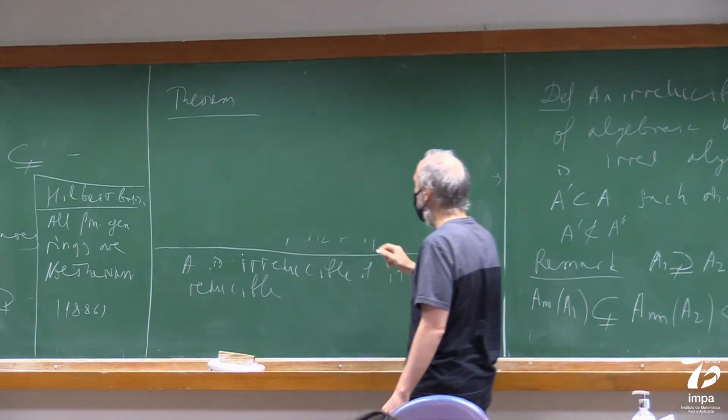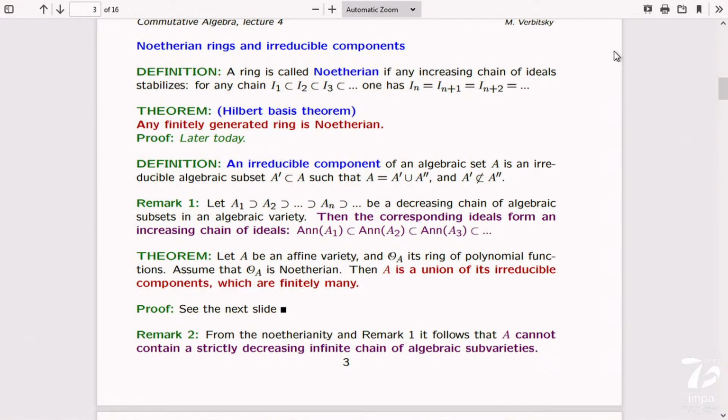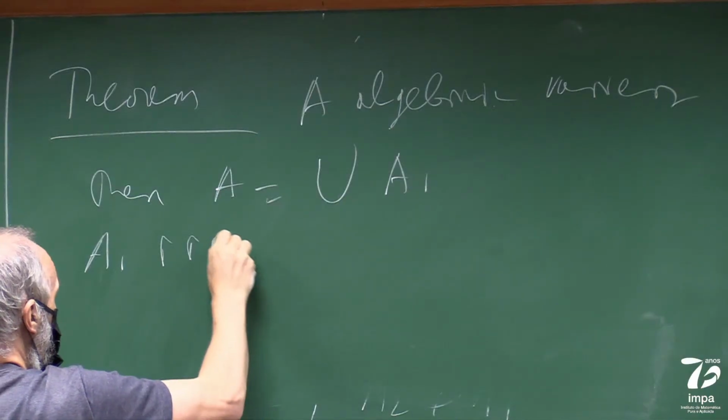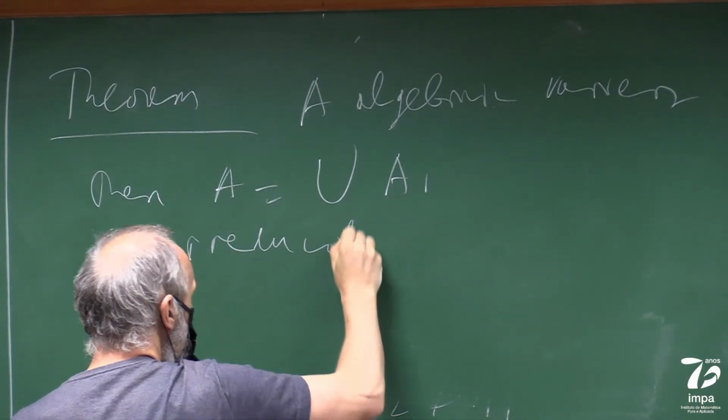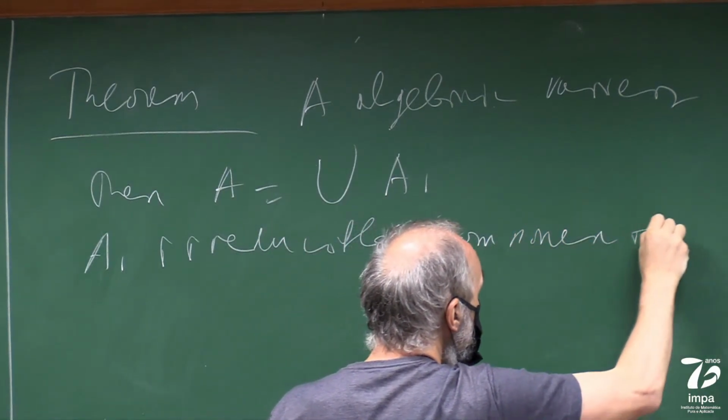So suppose A is an algebraic variety. Then A is a union of its irreducible components, and there are finitely many.